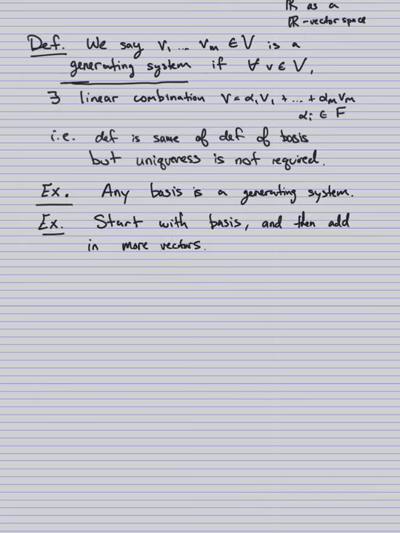This will certainly be a generating system since the basis itself was a generating system. So you can take any vector. It's going to be a linear combination of sums in your basis vectors, so you'll certainly be able to do it for this larger collection. But you'll have lost uniqueness, right? So any vector you add in could be expressed as itself or in terms of your basis. Okay, so we've lost uniqueness.